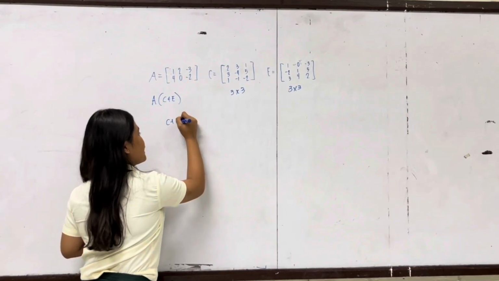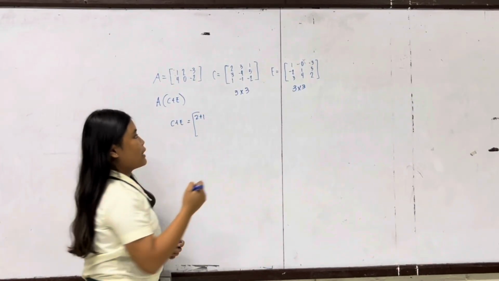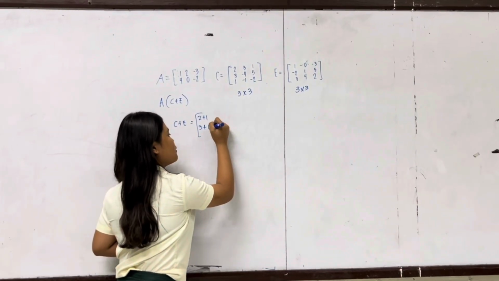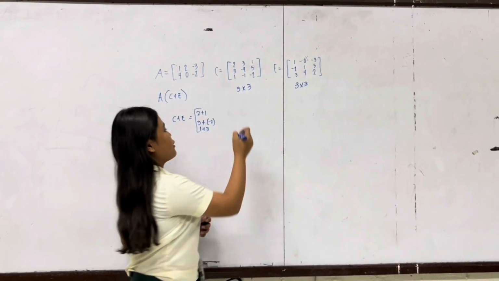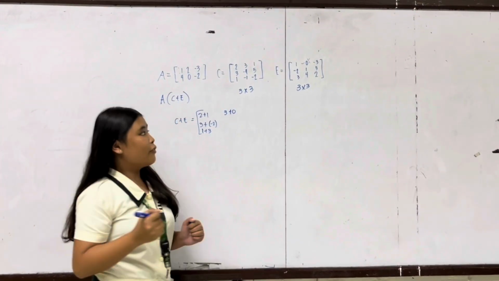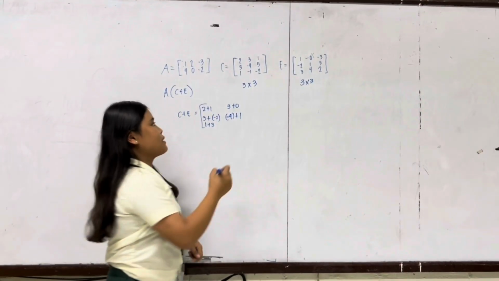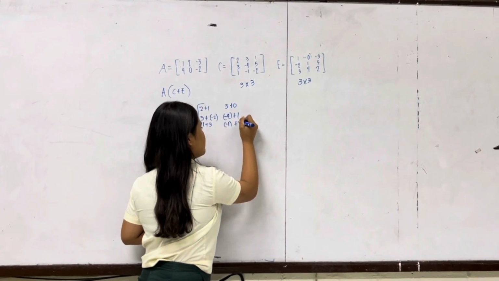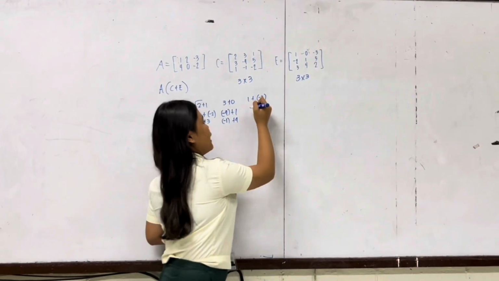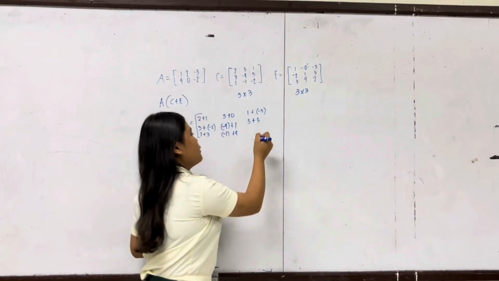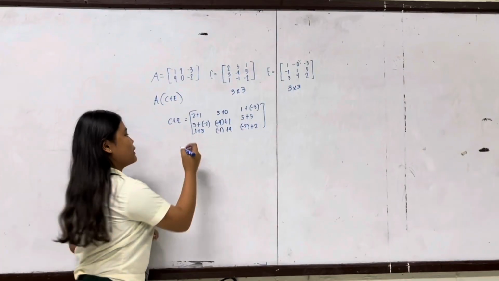C plus A is equal to 2 plus 1, 3 plus negative 2, and 1 plus 3. 3 plus 0, negative 4 plus 1, and negative 1 plus 4. 1 plus negative 3, 5 plus 5, and negative 2 plus 2.